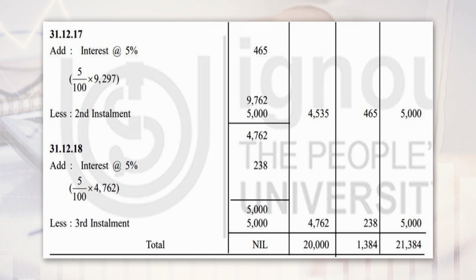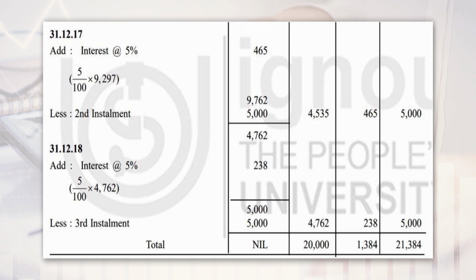Now third year interest will be calculated on 4,762 at 5%, it comes to 238. So it comes to 5,000. So third year installment 5,000, nil. Out of this third year installment 5,000, 4,762 is the principal amount and this 238 is the interest amount. If we make the total of this interest and principal, it comes to 5,000, which is the third year installment.